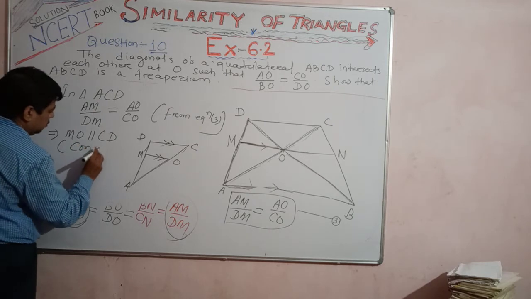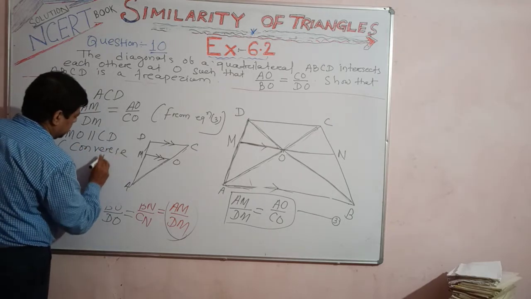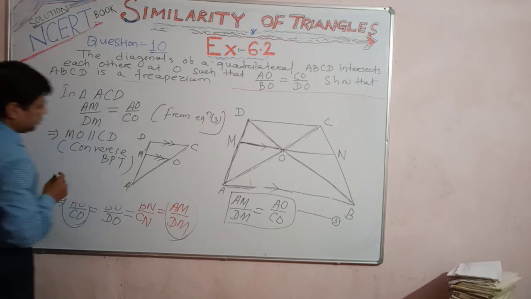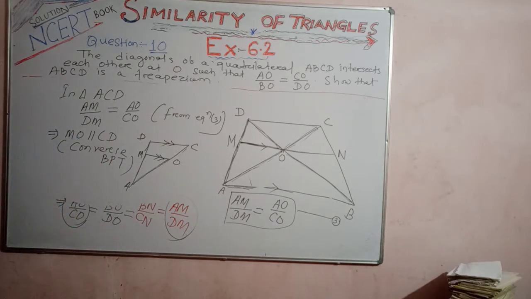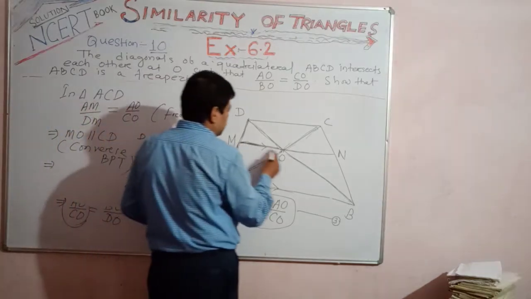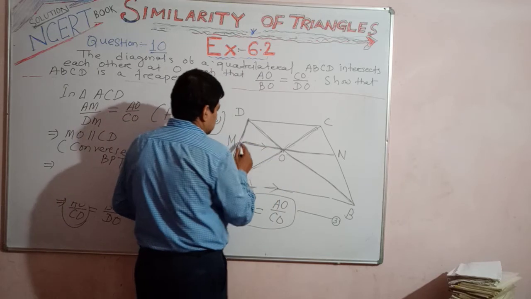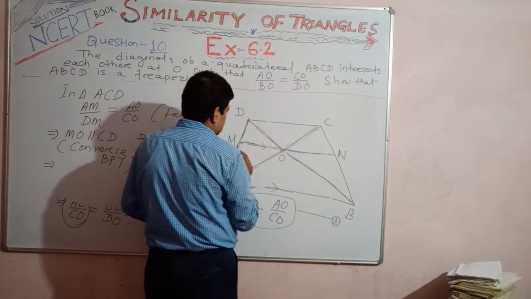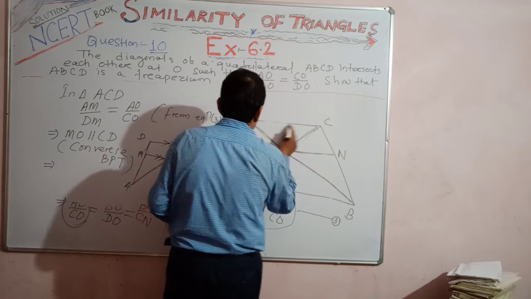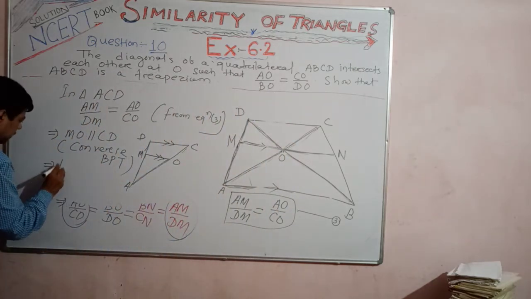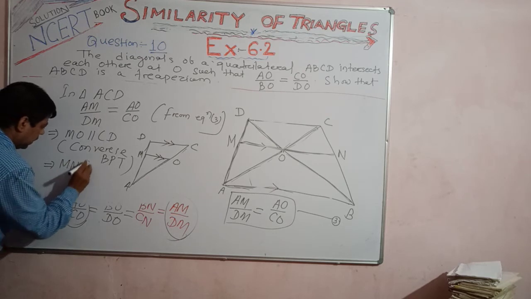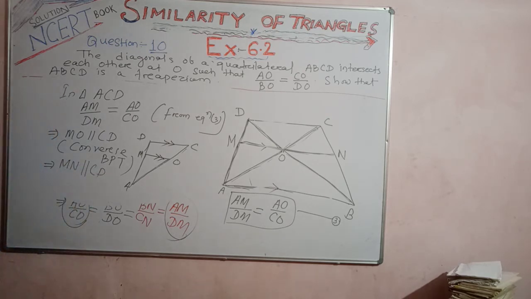By converse BPT. Okay, and since MO is parallel to CD, and MO is a part of MN, so it is clear that MN is also parallel to CD. That implies MN parallel to CD. Understand? Yes or no?